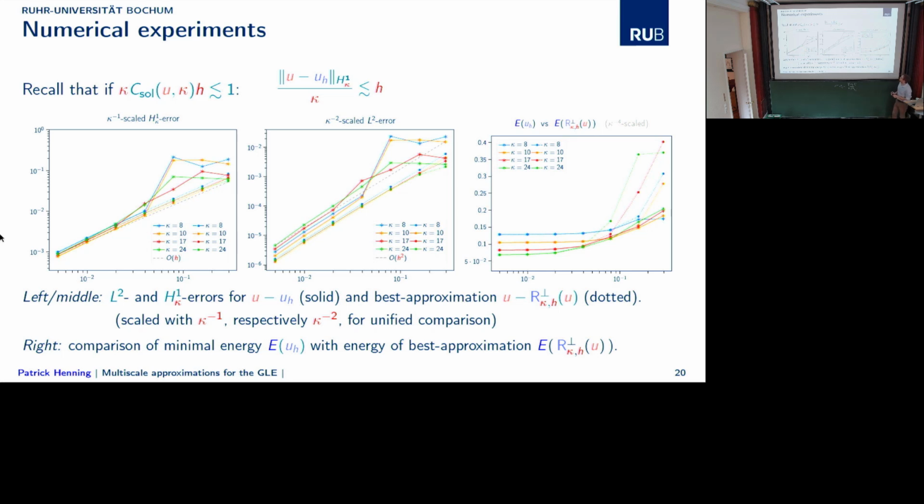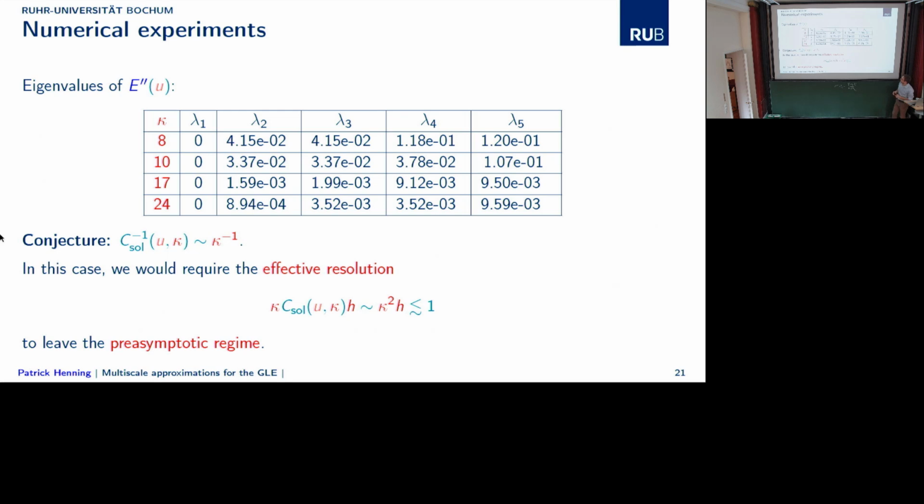Okay, so, one more thing. We also, of course, try to figure out a bit how that subconstant actually scales with kappa. So we computed the eigenvalues of the second derivative, and what we saw was, to be optimistic, the subconstant scales with kappa, but sometimes we even saw something like kappa to the power 2 or kappa to the power 3.